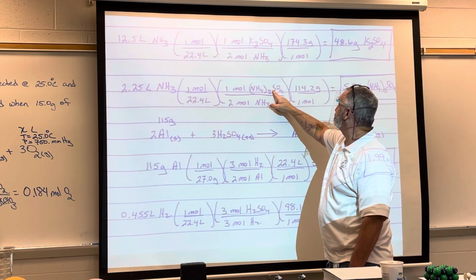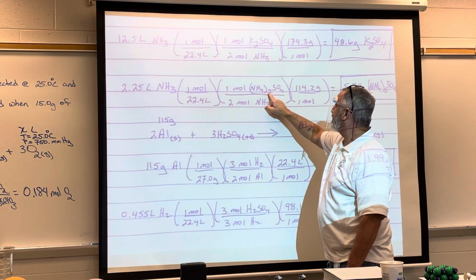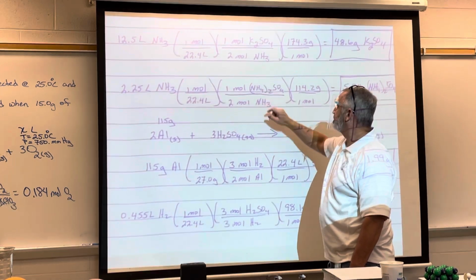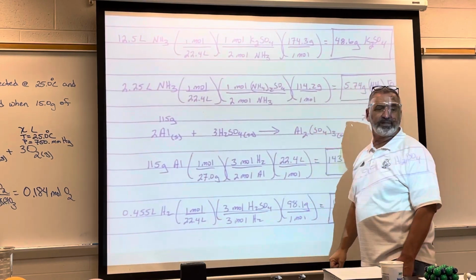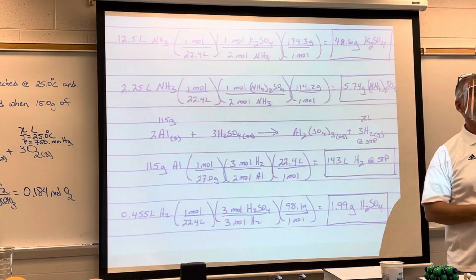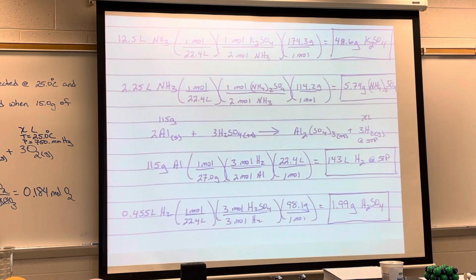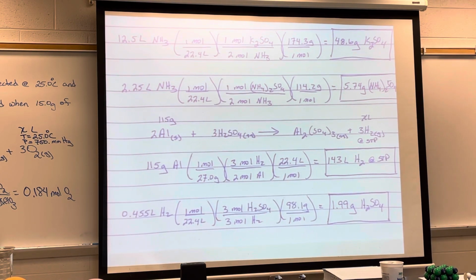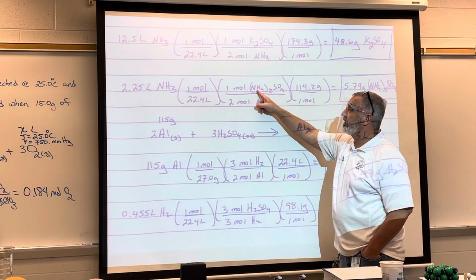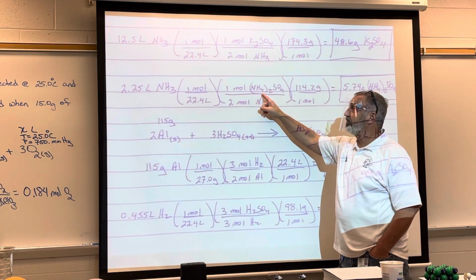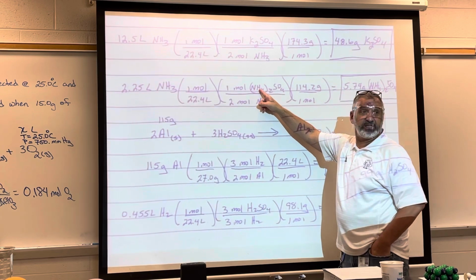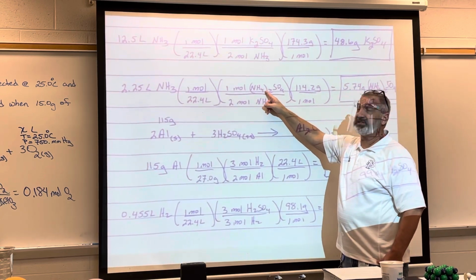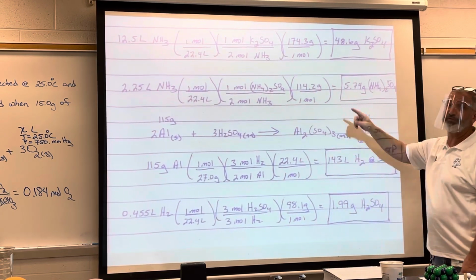You forgot to do the NH4 times 2. Yeah, because I'm 18 short. Well, if you only did one NH4 and didn't double, this is 14 and 4 is 18. Times 2 is 36. If you don't do the times 2, you get the 114.